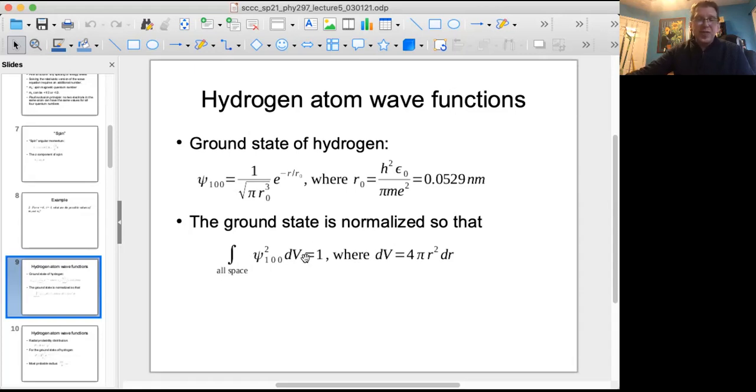So the differential element of volume is 4 pi r squared dr. So ultimately, the wave function doesn't really have a specific x, y, or z dependence, but it does have an r dependence. So it only depends ultimately on the specific distance you are away from the nucleus of the atom. So dV is equal to 4 pi r squared dr. And so you integrate that and you set that integral to 1, and that's where this term comes into play.